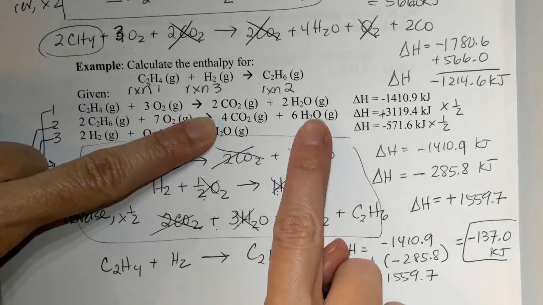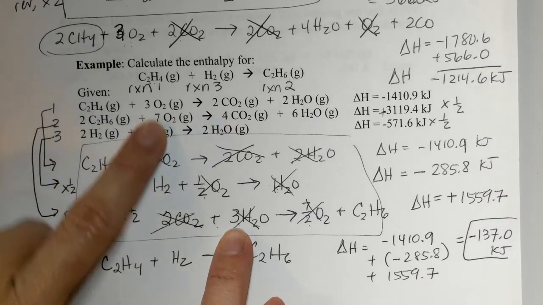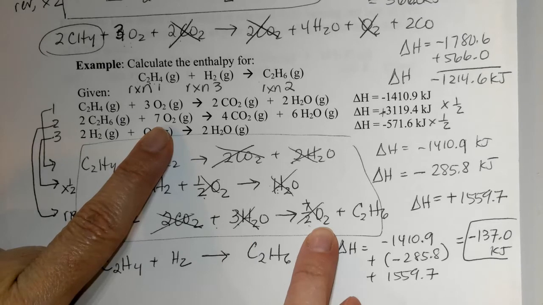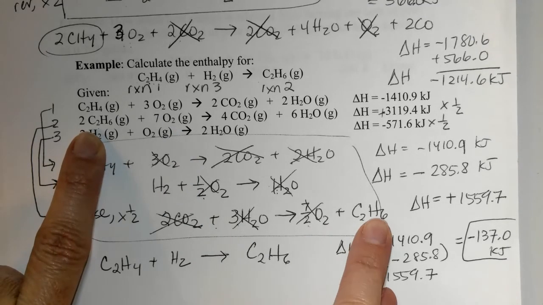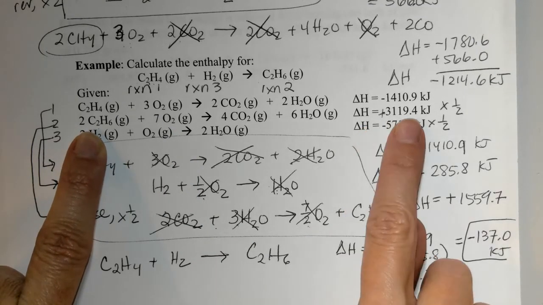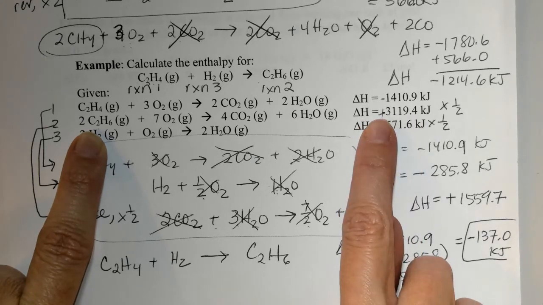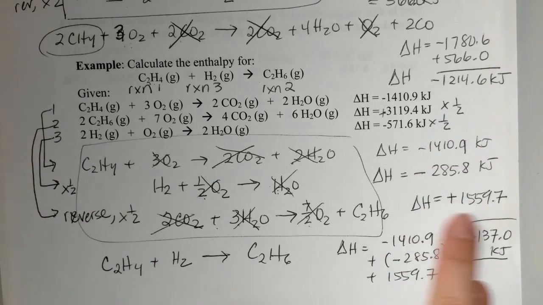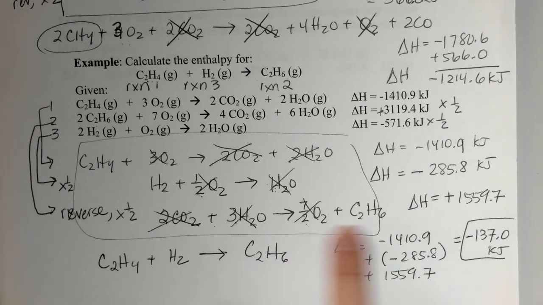The 6 waters became 3. And then my reactants became products, again cut in half, 7 halves oxygen and only 1 ethane. So I took my delta H. Since I reversed the reaction, I changed the sign to a positive, and then I divided it by 2 because I cut the reaction in half. So there's my delta H for this adjusted reaction.